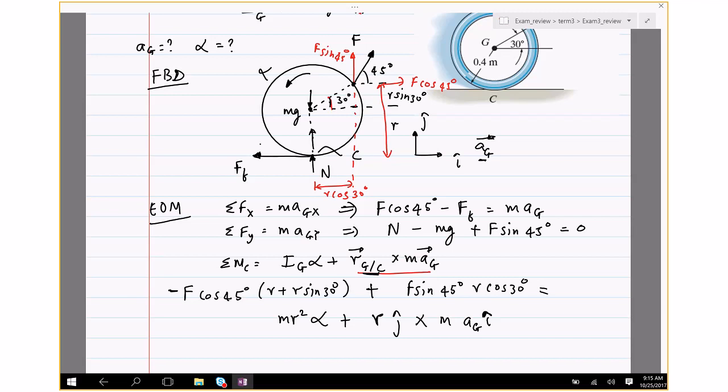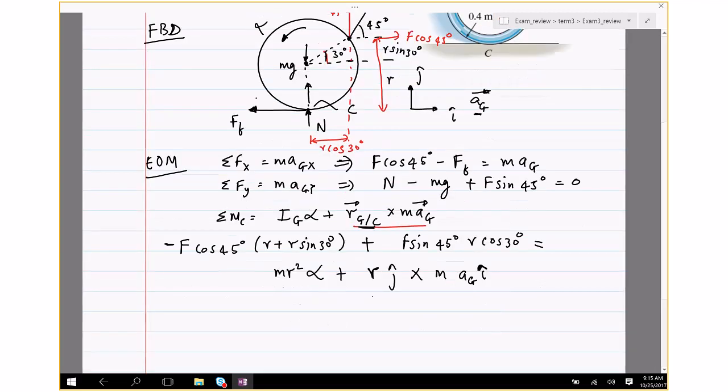Is there a question? If you just decided the direction arbitrarily, yeah, okay. We will see that it actually comes out the right way. So I'm going to assume it to be in the I direction. And so when you take this cross product, if you remember the trick, I, J, K, it's going to be mass times aG times R. J cross I, to go from J to I, you need to go in the clockwise direction.